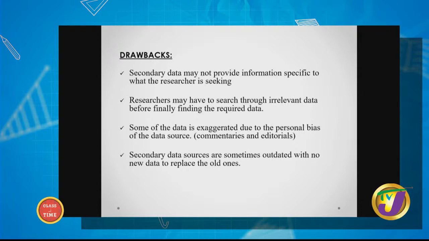It's what I think, I am going to speak and I'm going to write. So we have to look at that exaggerated information. So please read objectively. Secondary sources may also be outdated, and unfortunately, there may be no new data to replace the old ones. Those are the drawbacks that you will find in the secondary sources.